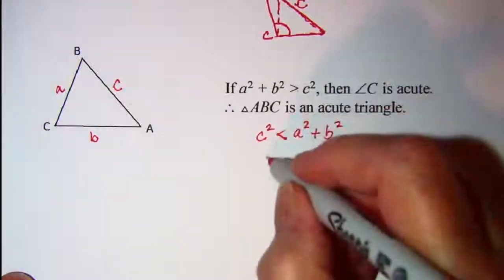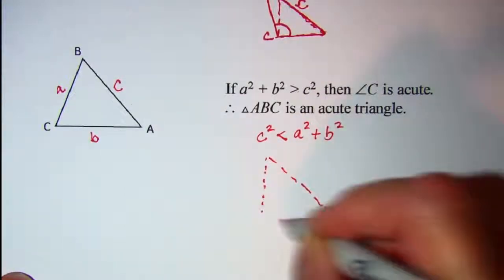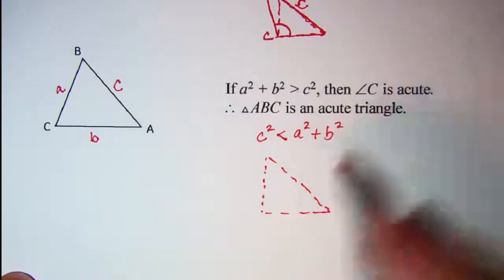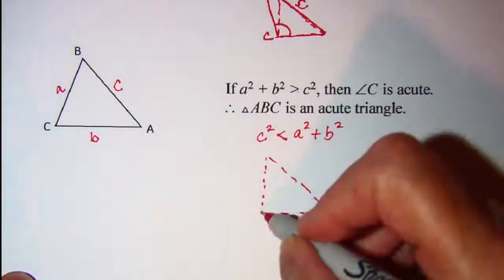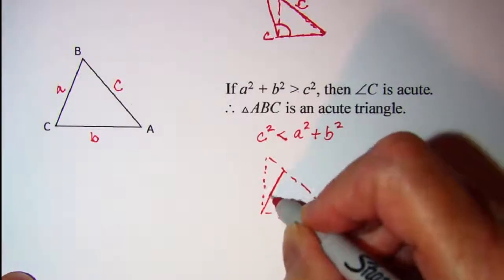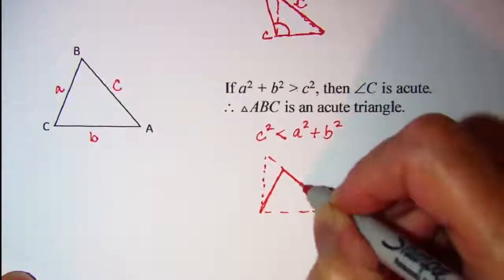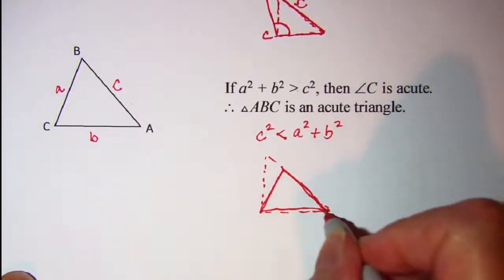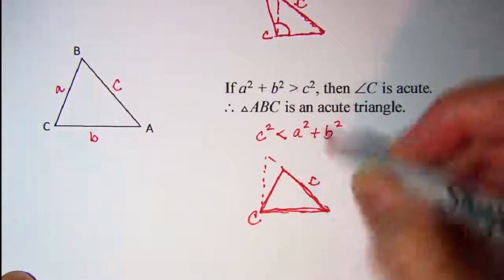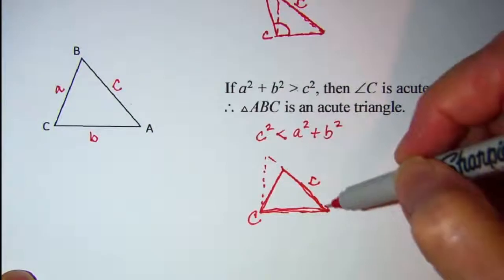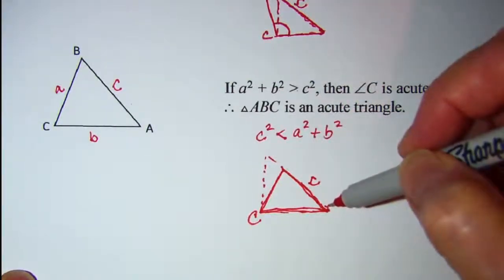We'll start with our right angle, which we know from the Pythagorean theorem. And then this time we're saying that c squared is less, which means here's our angle C, so this is our angle C and this is our side C, and we just made it smaller than the right angle hypotenuse.